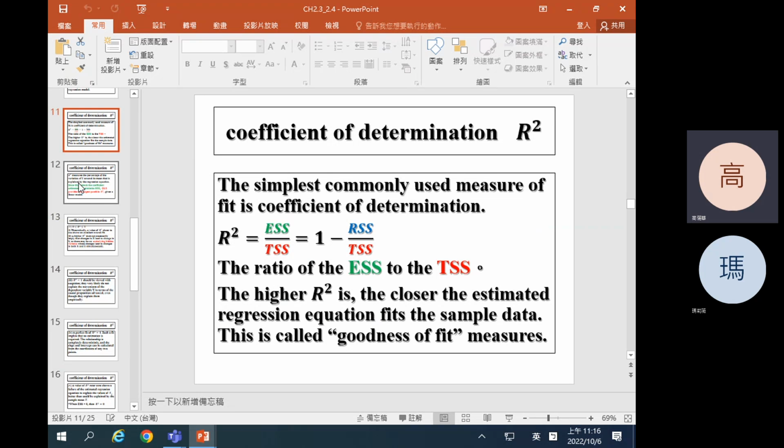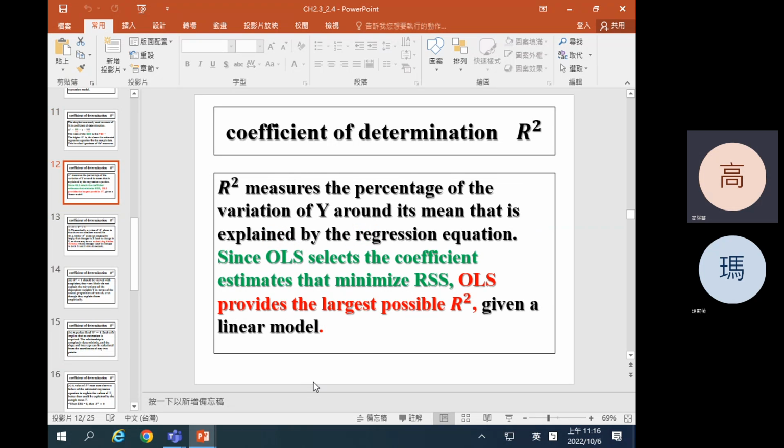Let's see some important parts of the R squared. Since we know that OLS will select the coefficient estimates that minimize the RSS, the OLS estimator will provide the largest possible R squared given the linear model.